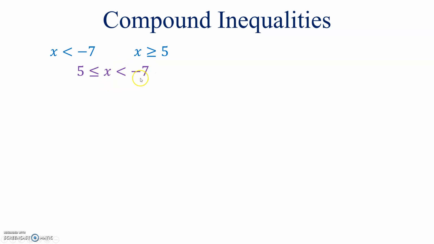X is less than -7. The 5 is less than or equal to x is the actual second one backwards. If x is bigger than or equal to 5, 5 would be smaller than or equal to x. You were also taught that you could have written this in two separate ways, starting with the 5 or starting with the -7. So this is all stuff from previous lessons.